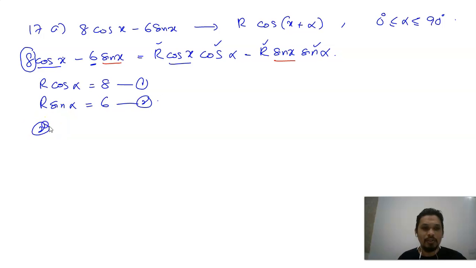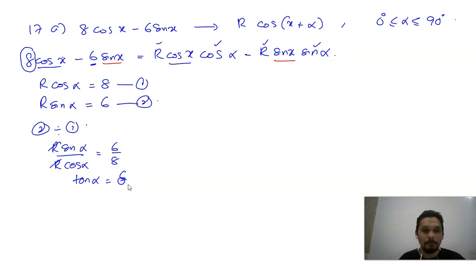So equation 2 divided by equation 1 as usual, because we like to change this in the form of tangent, and we're going to find out the value of alpha here. So r sine alpha divided by r cos alpha equal to 6 divided by 8. R divided by r, the sine over cos is tangent alpha. Then alpha equal to arctangent of 6 over 8.